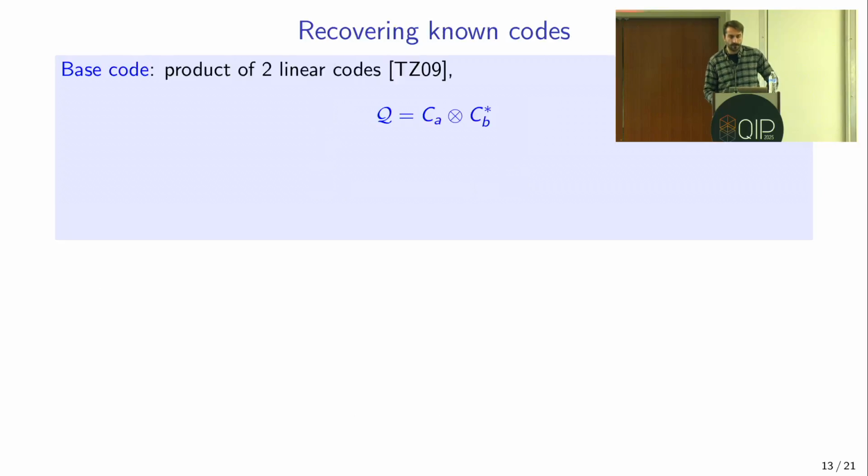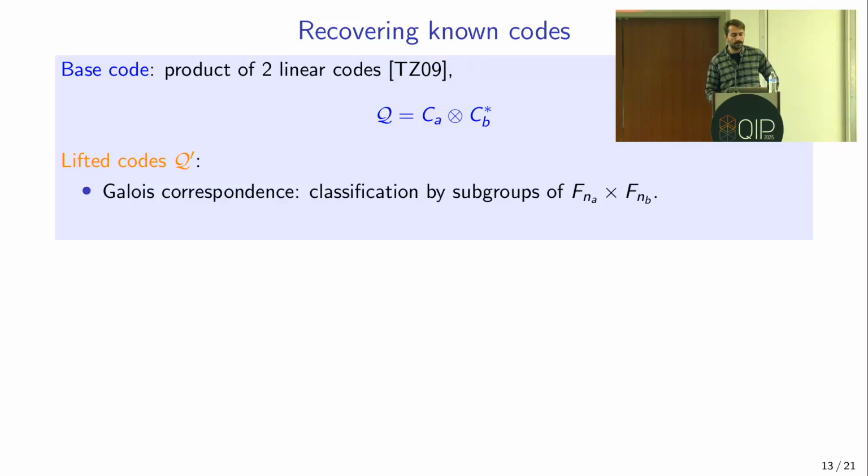Okay, but first let's try to apply this idea to recover some known codes. So if I take now a product of 2 linear codes, this is the Tillich-Zémor hypergraph product code construction, then as an output code, well, this Galois correspondence, first of all, gives me a classification for free by subgroups of products of 2 free groups.